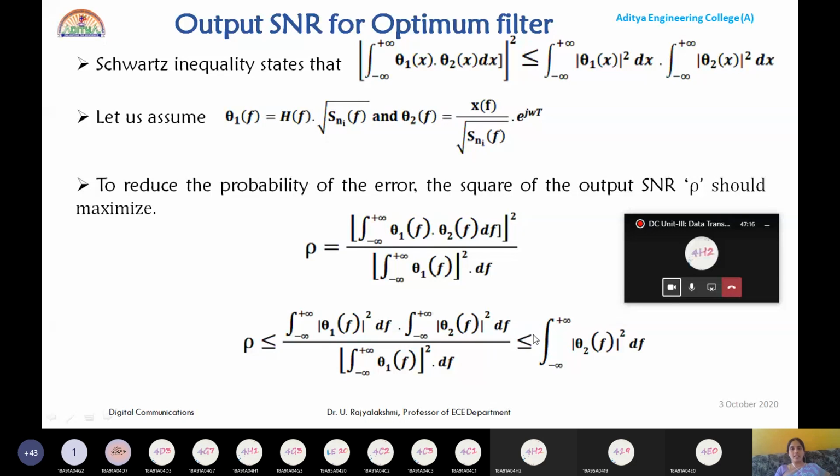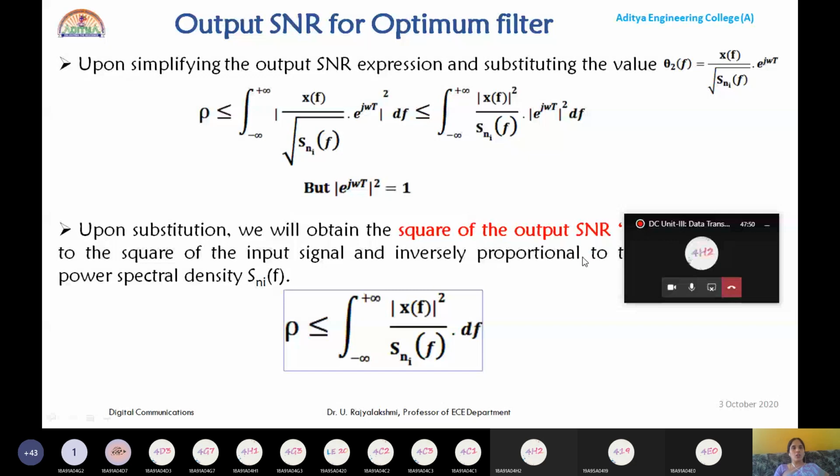Finally you get rho less than or equal to the integral from minus infinity to plus infinity of theta 2 of f whole square df. Please remember this square of output SNR, because once you maximize it, you can reduce the probability of error.